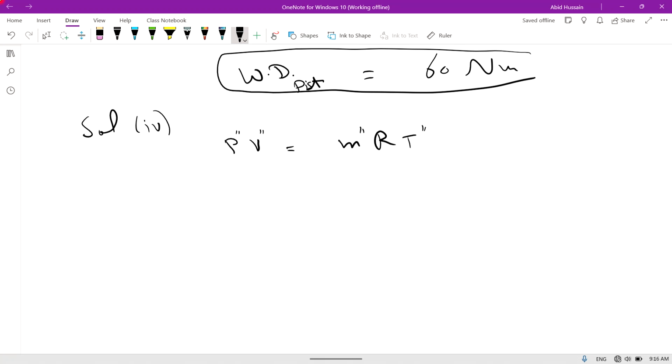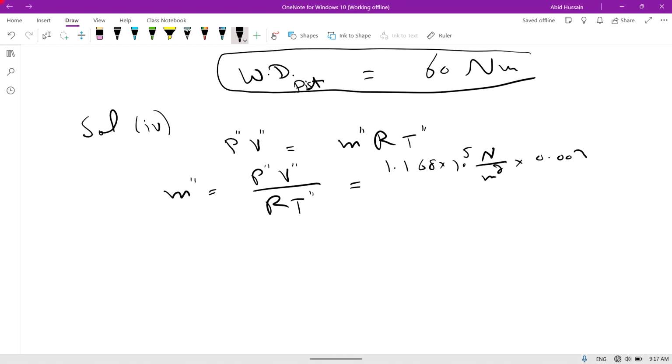So m double dash is equal to p double dash V double dash divided by R T double dash, where p double dash is 1.168 bar or 1.168 multiplied by 10 power 5 Newton per square meter, V double dash is 0.00387 cubic meter. The value of R for air is 287 joule per kilogram per Kelvin.